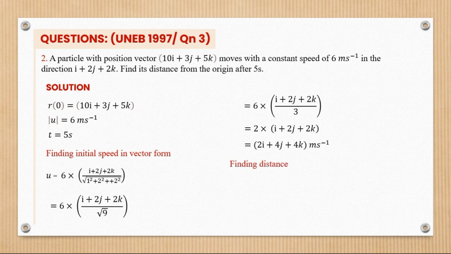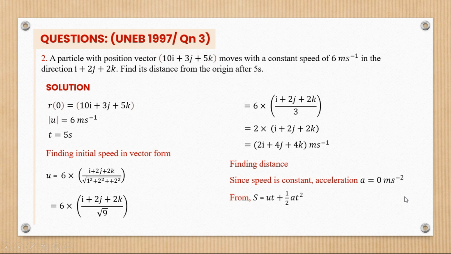So now that we have that, we can find the distance. Now, since speed is constant, pay attention to those words: the particle is moving with a constant speed. When speed is constant, it means that acceleration is equal to 0 meters per second squared.